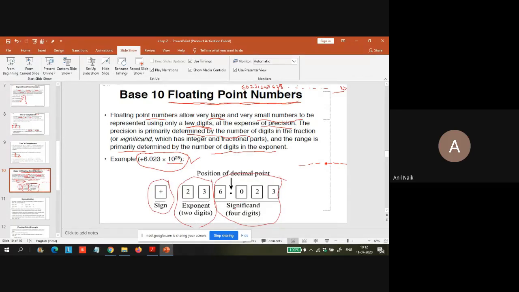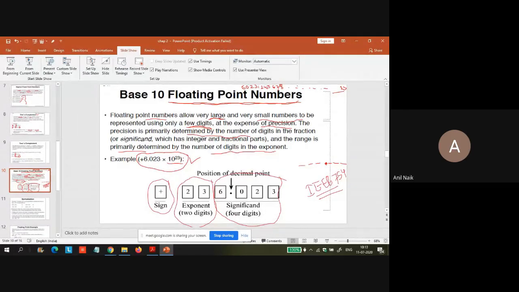In a computer there is one more standard, that is the IEEE 754 format. We'll discuss that. It's very important, even in your GATE exam you will get this type of question: how to represent a number in IEEE format.